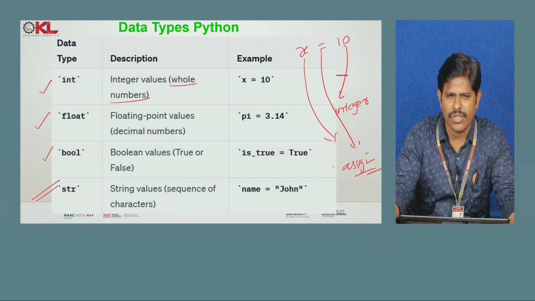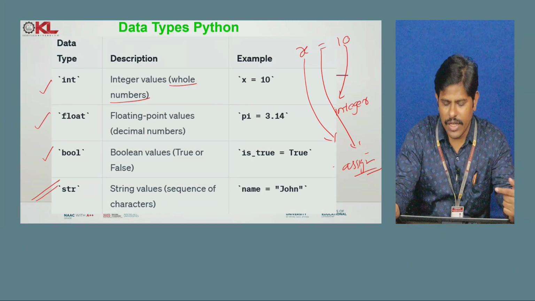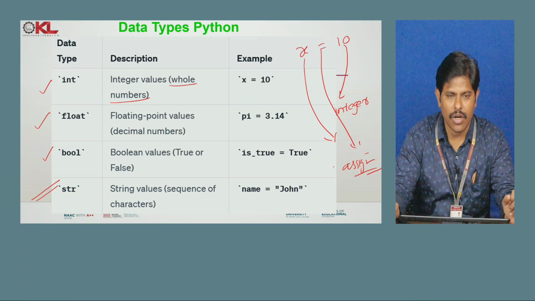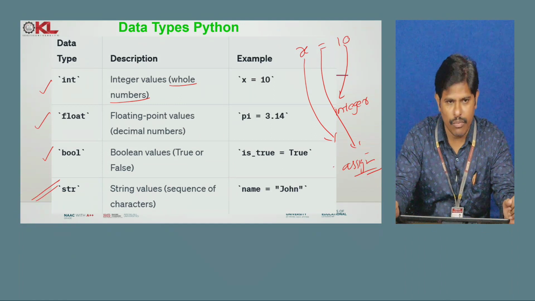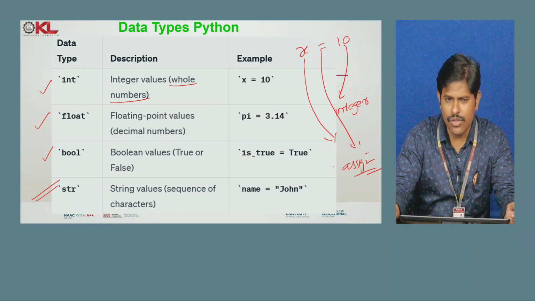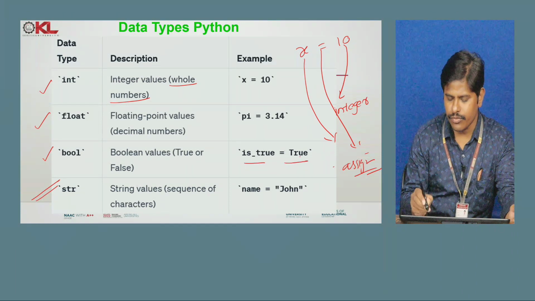And for floating points, we have 0.1, 0.2, or 0.00001, minus 0.2, pi equal to 3.14, and all the numbers with decimals are called floating point values. The third simple data type is boolean, true or false statements. Is true equal to true?